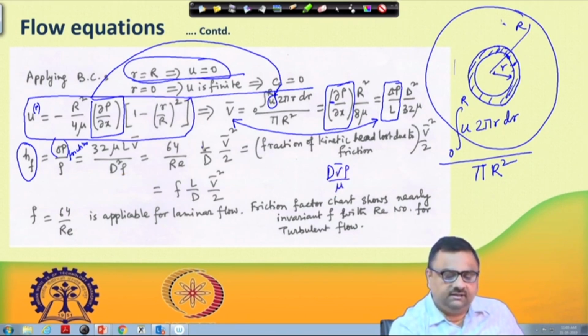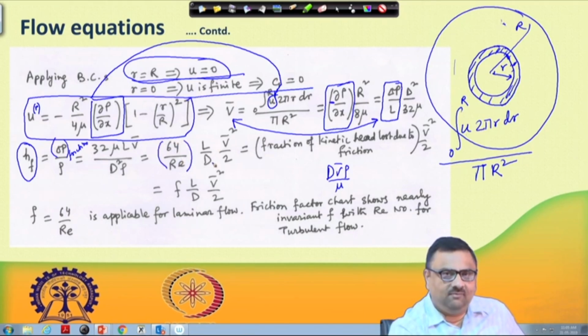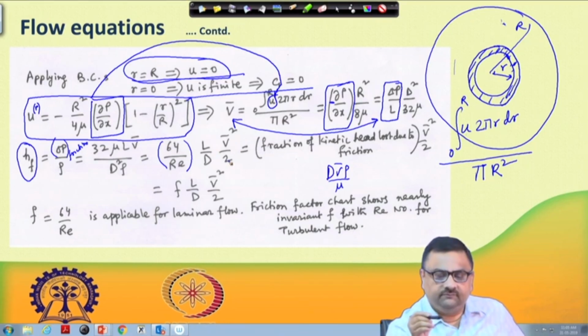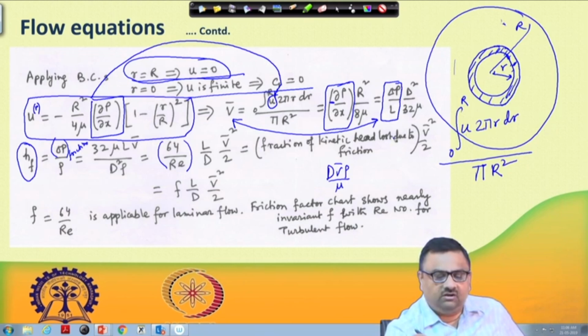Then one can write this delta p by rho as 64 by Reynolds number multiplied by L by d, which is again a dimensionless term for that pipe, and V bar square by 2. Essentially, this is the fraction of kinetic head loss due to friction into V bar square by 2.